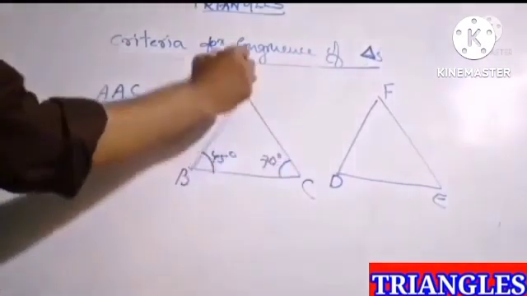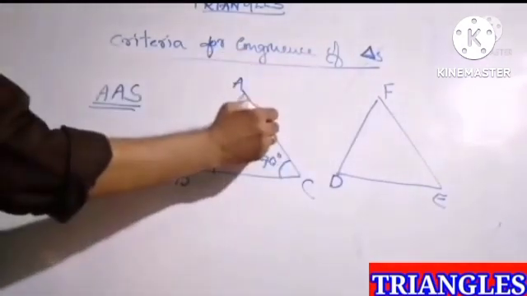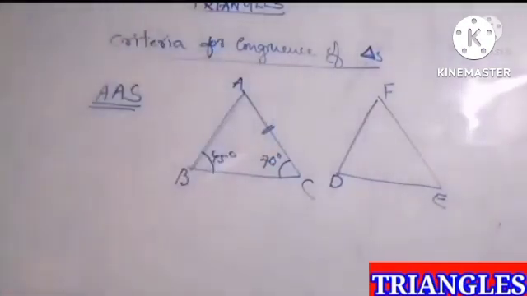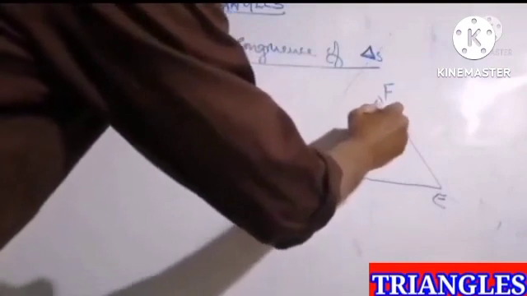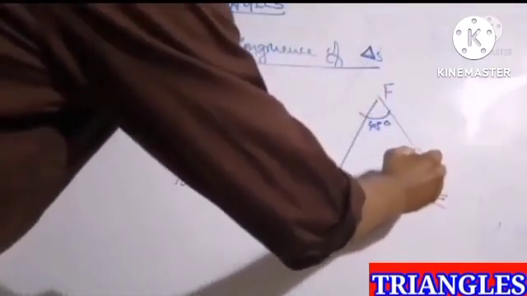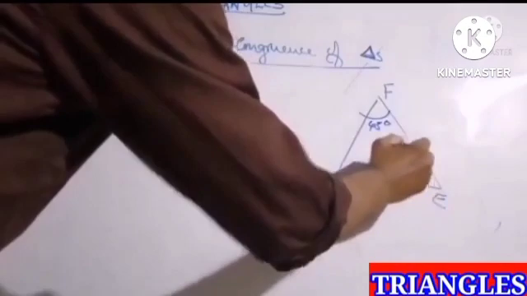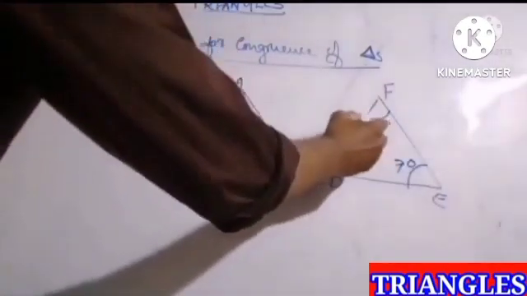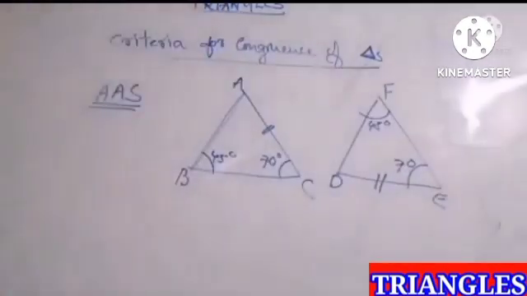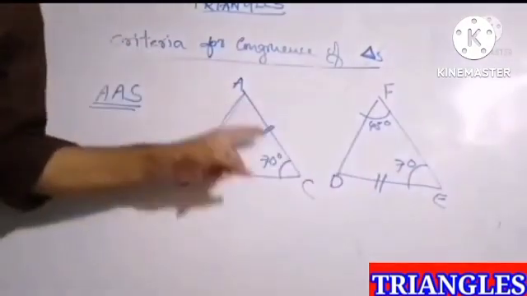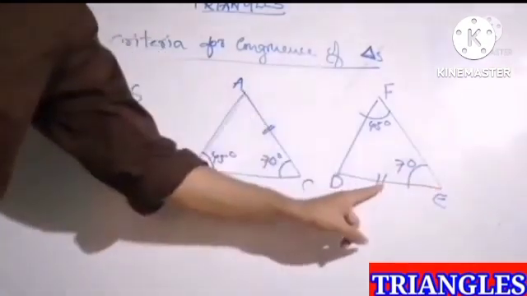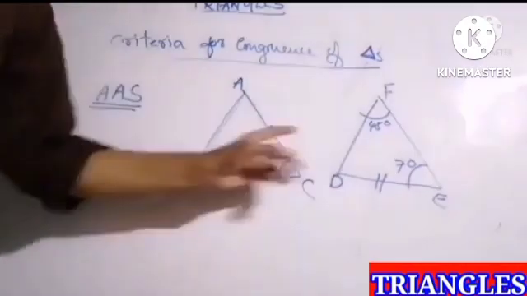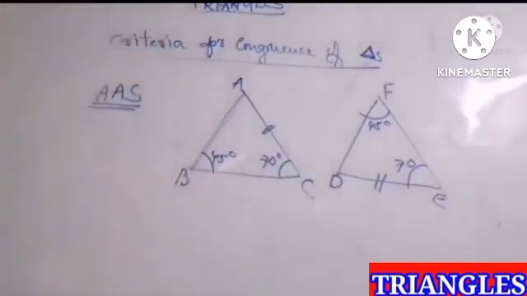So it can be either AC or AB. Let it be AC, with a double marking. And see here, let F equal 45 degrees and E equal 70 degrees. And one side is given here, the corresponding side. Because the side starts from the 70 degree angle, it should be given from here, from the 70 degree angle. If it is not, it cannot be congruent.